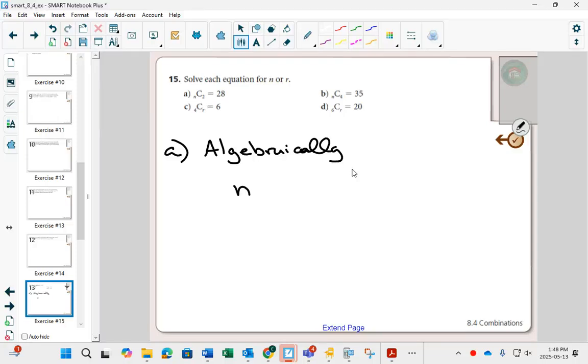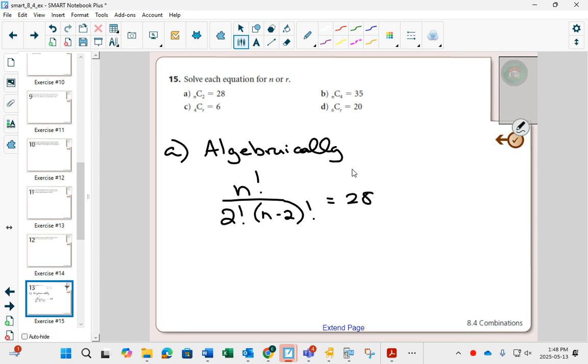So using the formula, this would have an n factorial and a 2 factorial. What would go with it? The bottom two have to add up to the top one. What goes here so that the bottom two add up to the top? n minus 2. And we still have a 28 on this side.